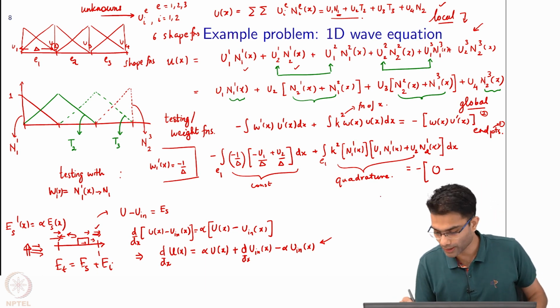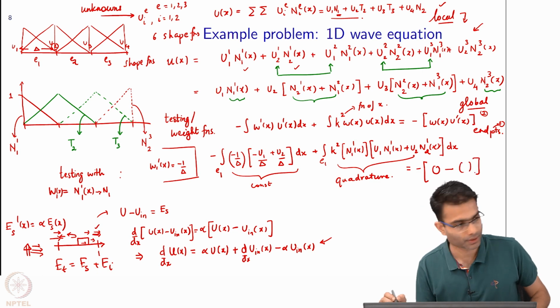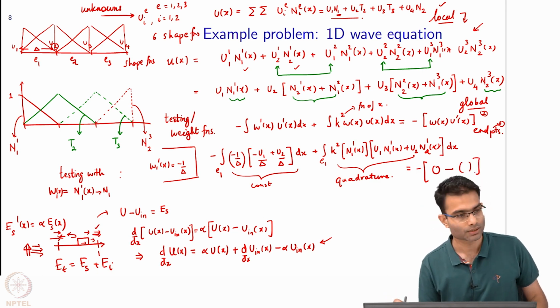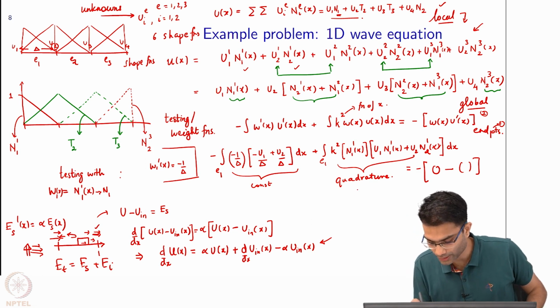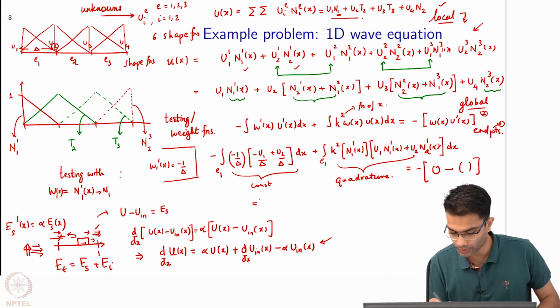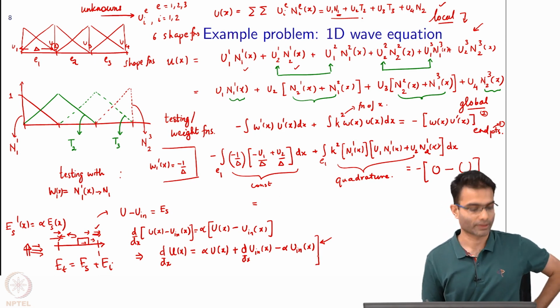Okay. So, what will I get? I will get a minus some term over here, there is a minus minus which gets combined into, what will that term be? It will simply be, so what is this term evaluated at node 1, right.